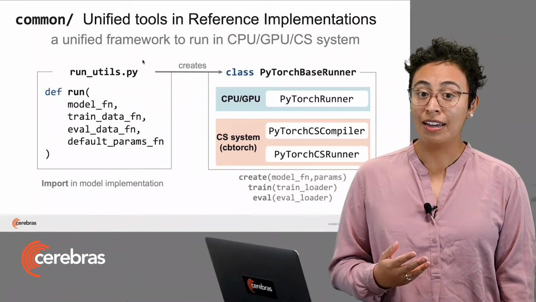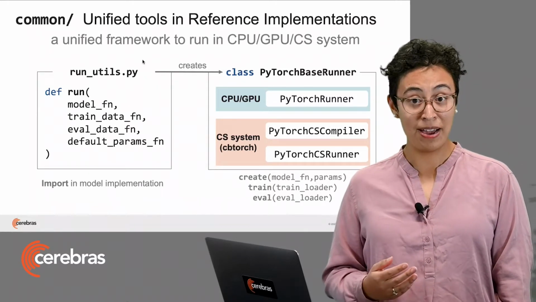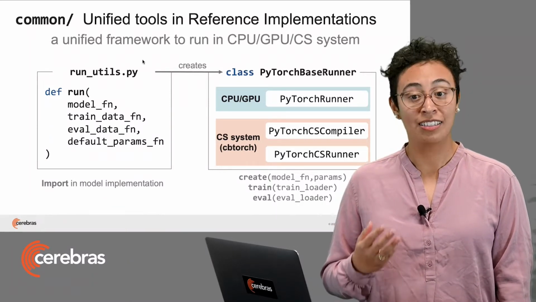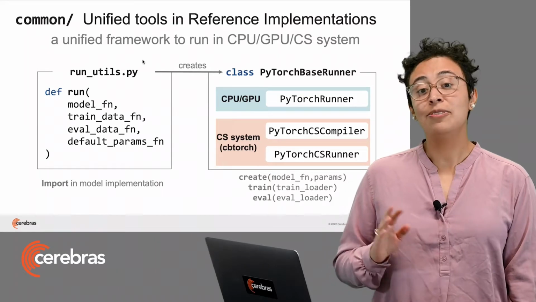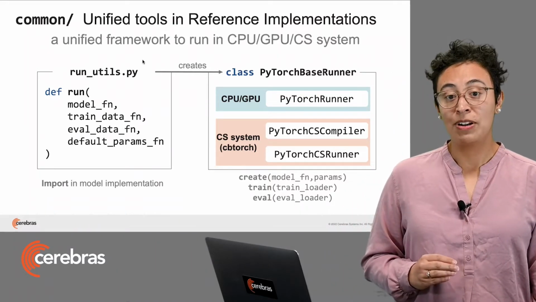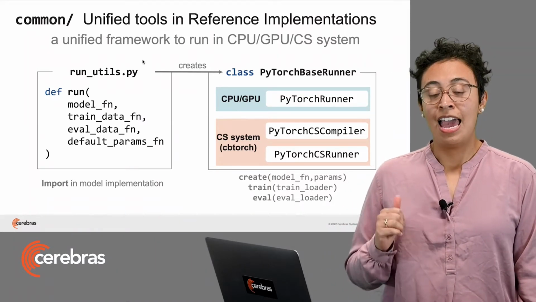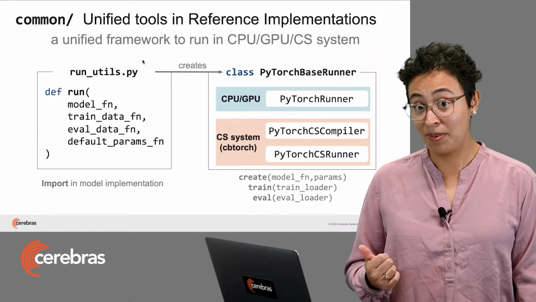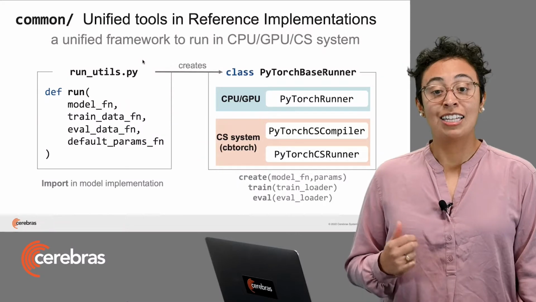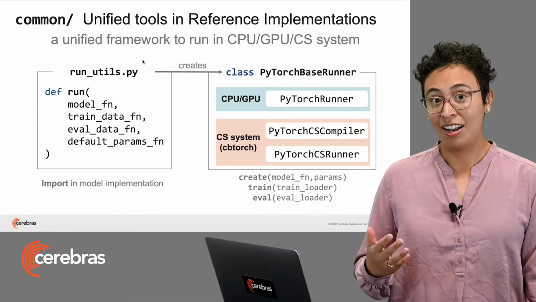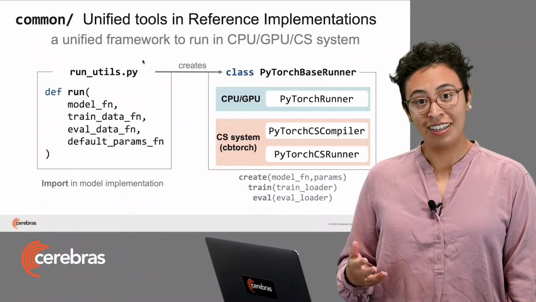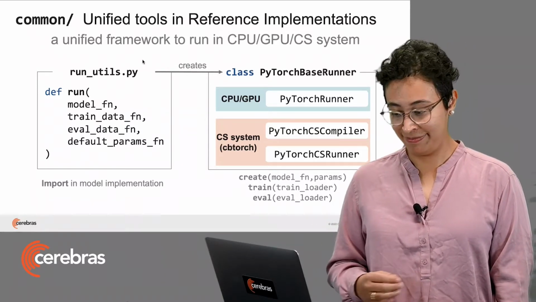If you want to compile, you will use PyTorch CS compiler, and if you want to execute, you will use PyTorch CS runner. Regardless of the runner that you use, you will find three functions. Create, where the runner is created and you specify the model and the parameters; train, where you specify the data loader for the training data; and eval, for the evaluation data.